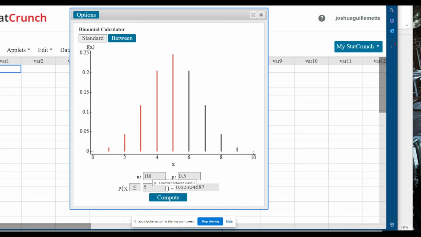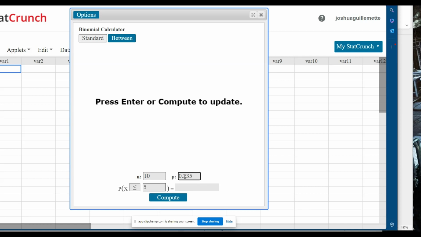Now, I am asking 10 people, so the sample size n is 10, but the probability here is not 5%. Remember, it's 23.5%, and so my probability is that 23.5% represented as a decimal.